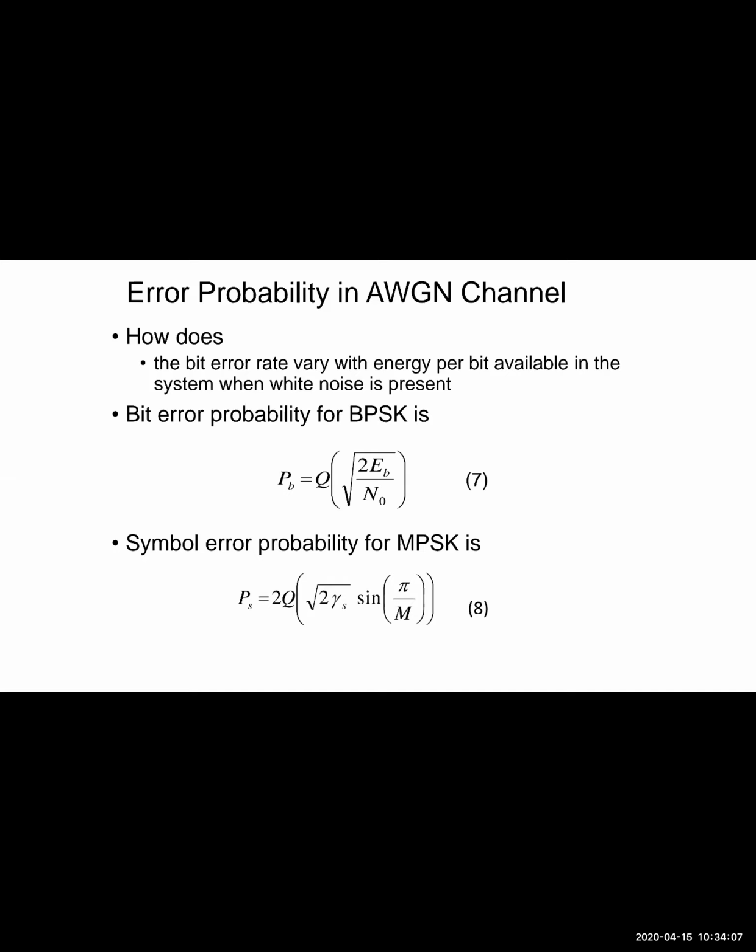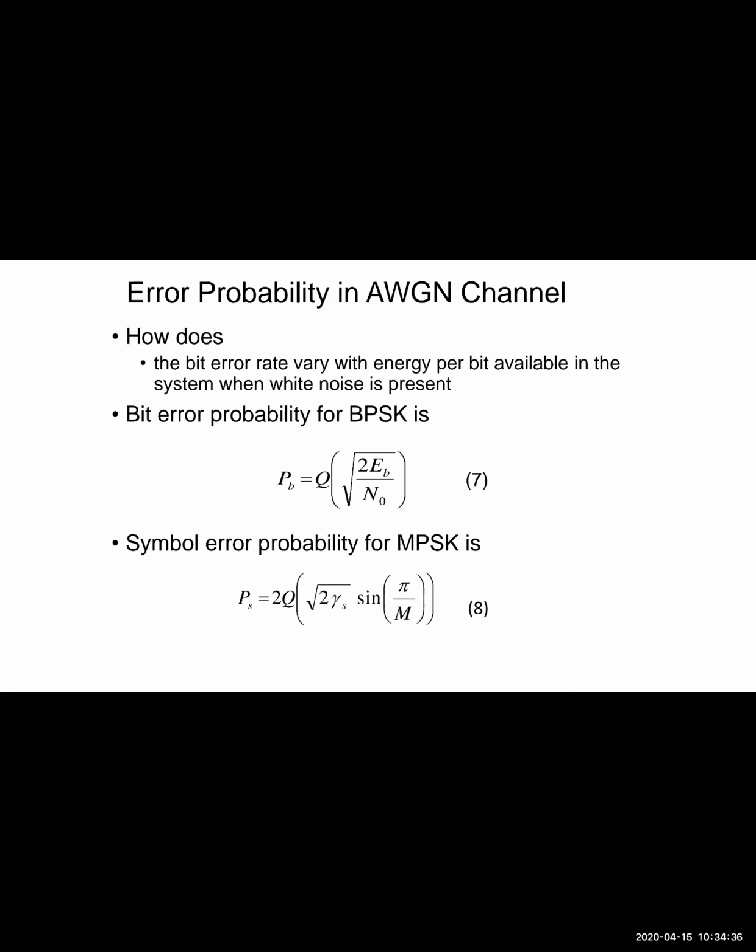If you want to have an analytical understanding of any signal, for instance, PSK in additive white Gaussian noise, then we need to deal with what? Equation 7 and 8. If you look at equation 7, you see that there is a factor EB over N naught.